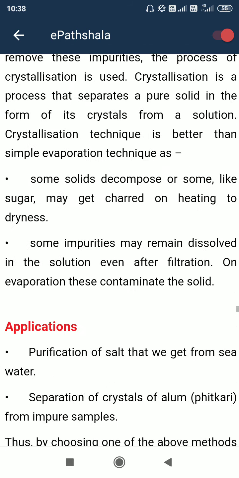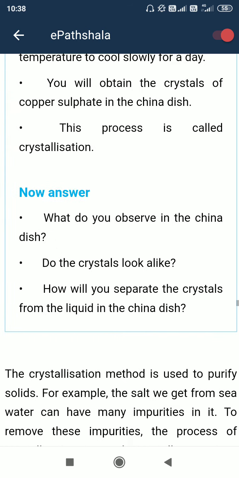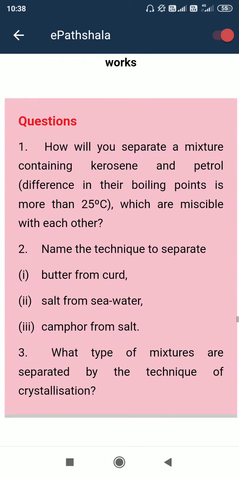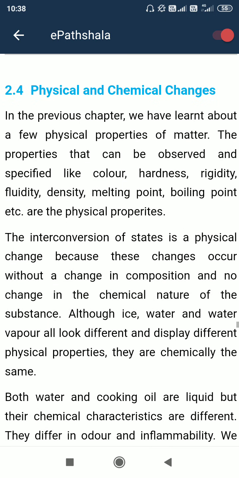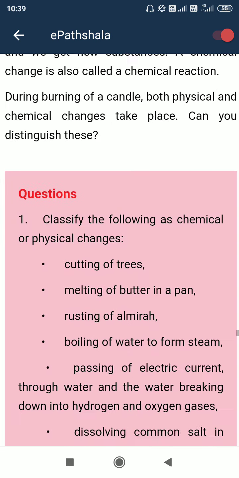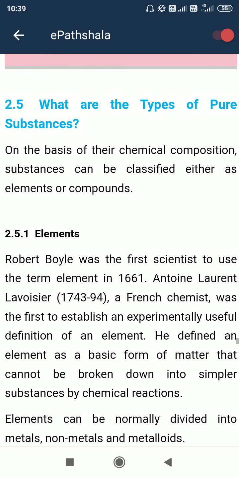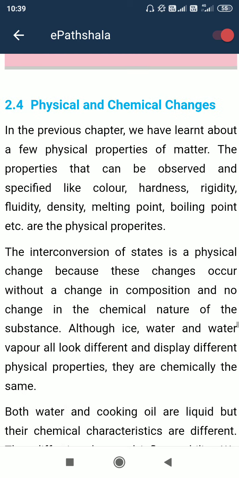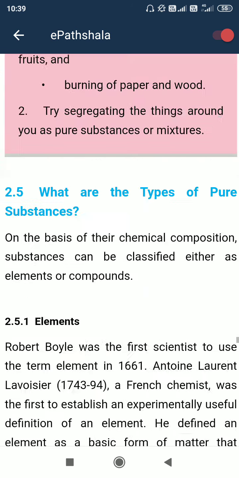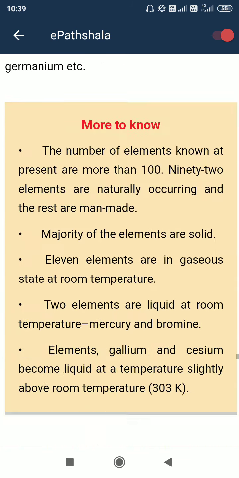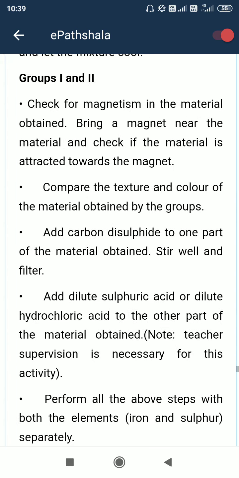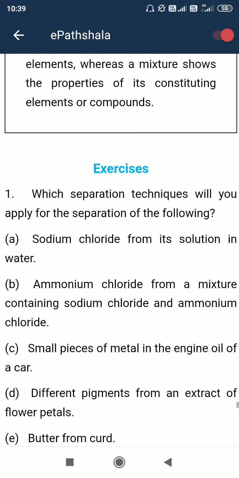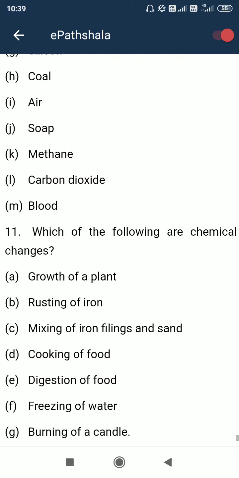Okay, wait, this one, chromatography. No, not this one. Chromatography, physical and chemical changes, pure substances. Okay, this one, right. Compounds. Okay, mixture of compounds already discussed. I have already discussed mixture of compounds.